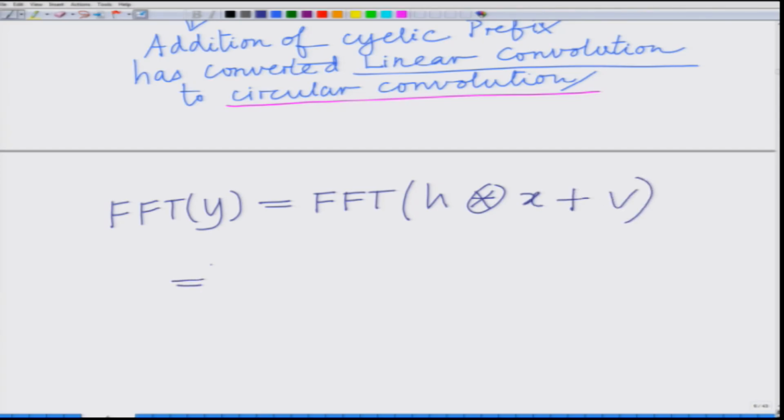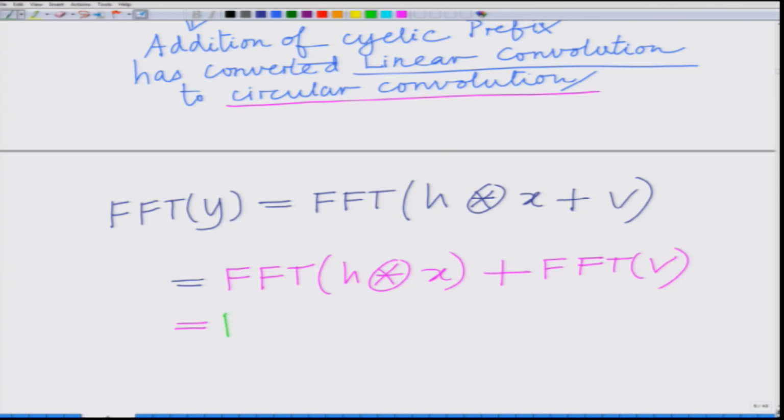Now, the FFT operator is linear, so that is simply the FFT of h circularly convolved with x plus the FFT of v.